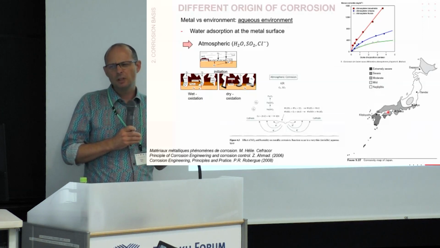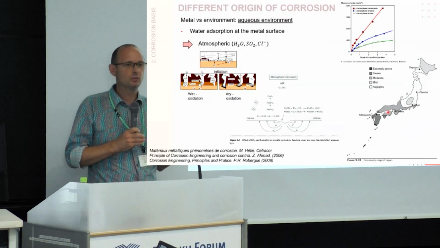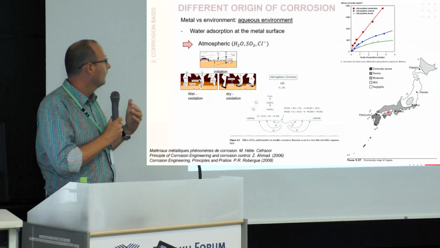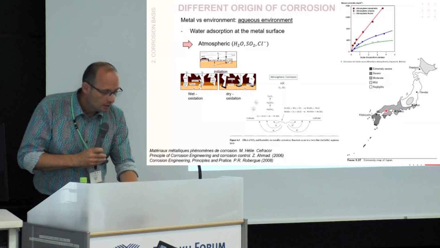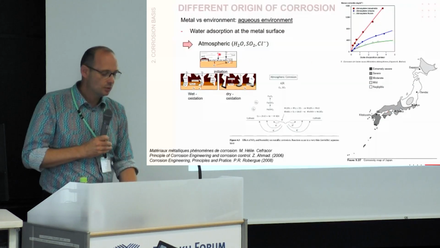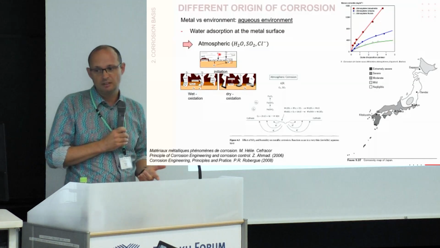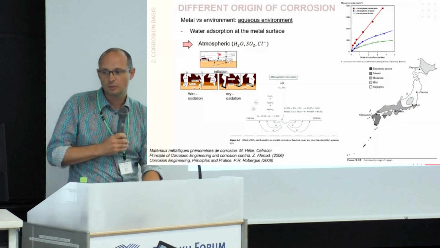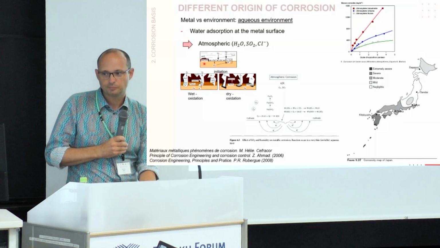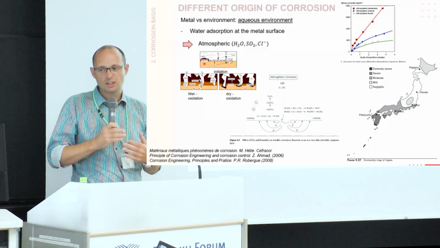What happens now when we are in an aqueous environment? In an aqueous environment, we still have water and we still have oxygen. So oxygen will still react with the surface of the material and create an oxide. Here we have some material exchange.